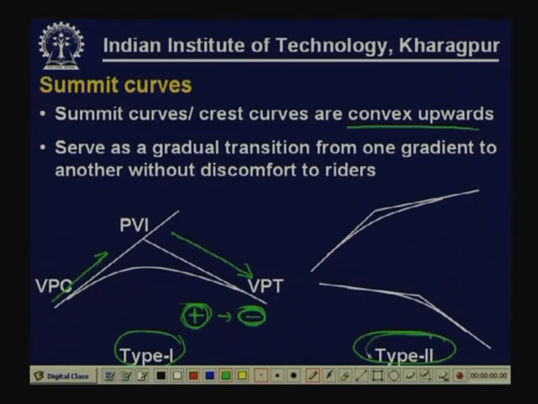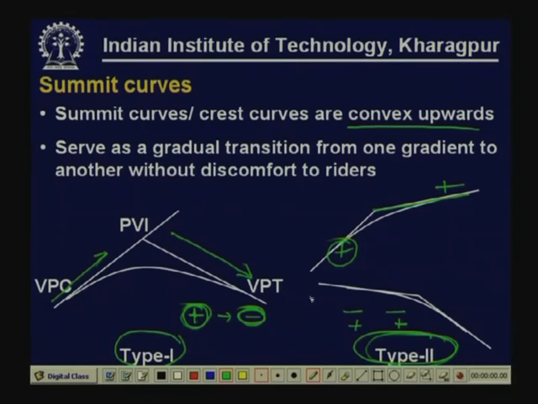Now, type 2 curve is where both grades are negative or both grades are positive, but still it is forming a summit curve. Say for example, in this case this is a positive gradient, then this part is also a positive gradient. Obviously, this is less steep as compared to the first one, but still this situation gives rise to a summit curve.